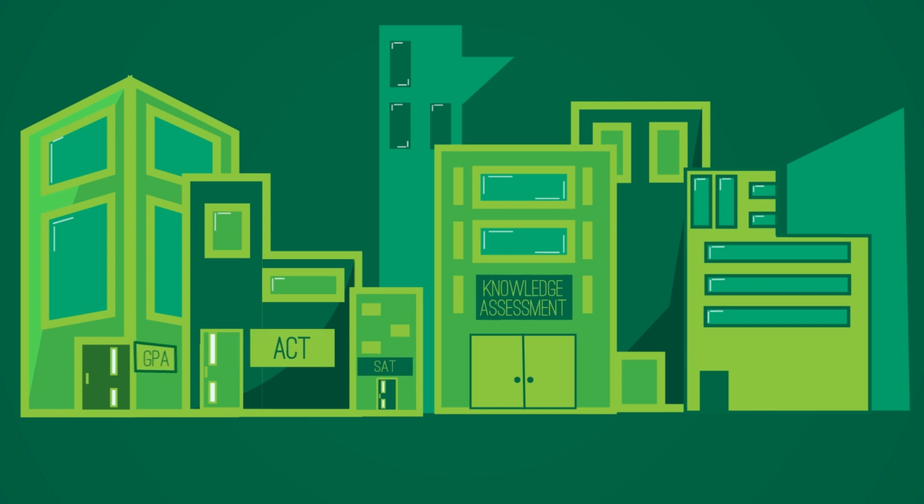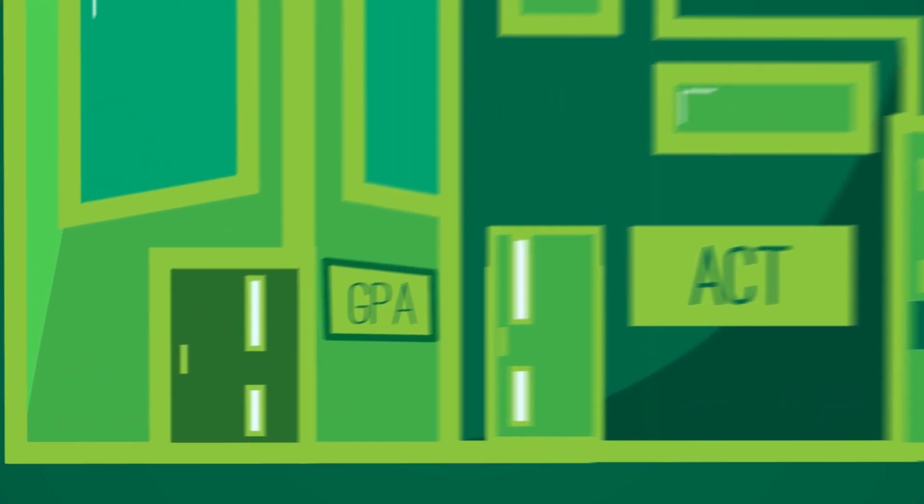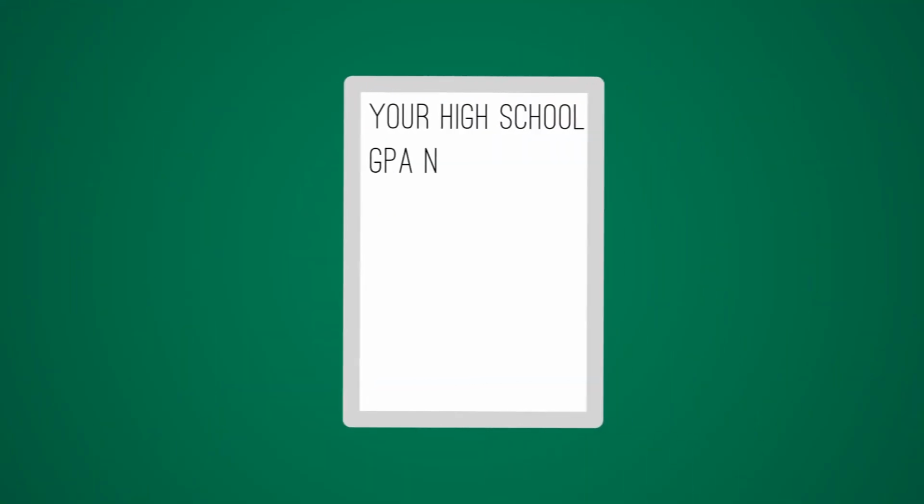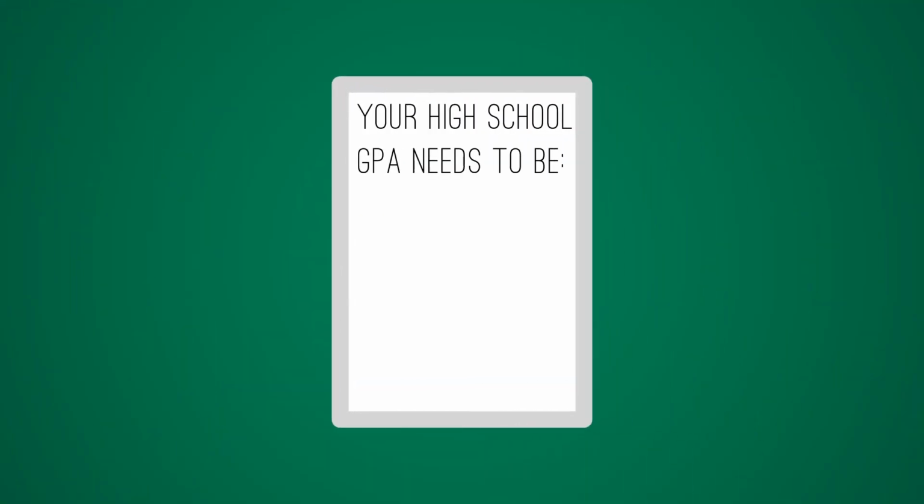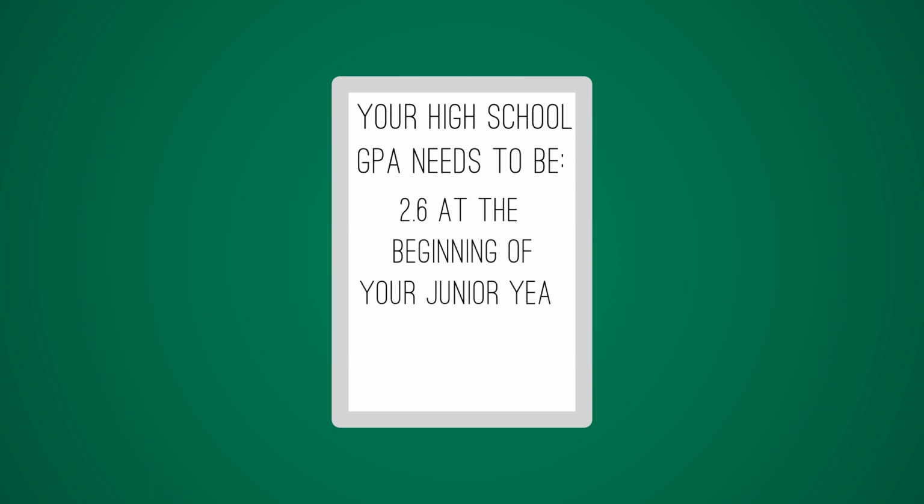You only need to meet one of these measures. We usually look at your high school GPA first. High school GPA needs to be 2.6 at the beginning of the junior year for dual credit students.